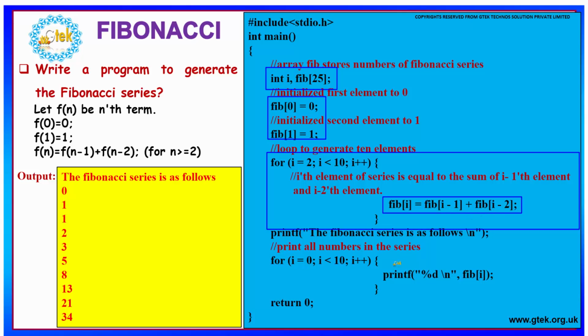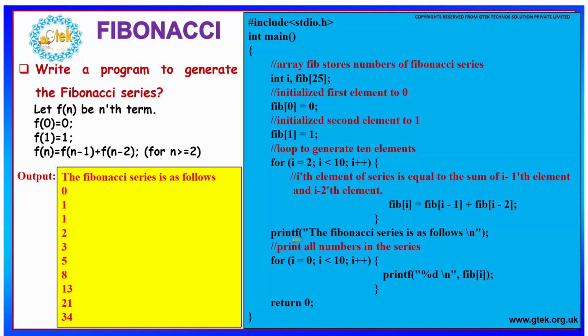That is stored in the Fibonacci array, which is of type int. And then we print the values stored in the fib array using a for loop. So as simple as that, you can generate a Fibonacci series.